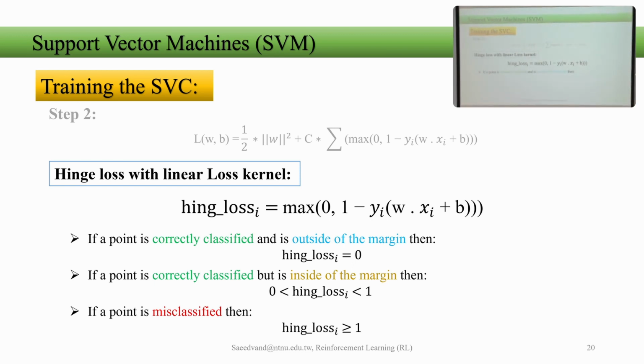Correctly classified, so this is my line over here, my hyperplane. These are correctly classified because they are on the left side, and they are outside of the margin. Let me maybe clean one of these margins to make it a little bit simpler to understand.